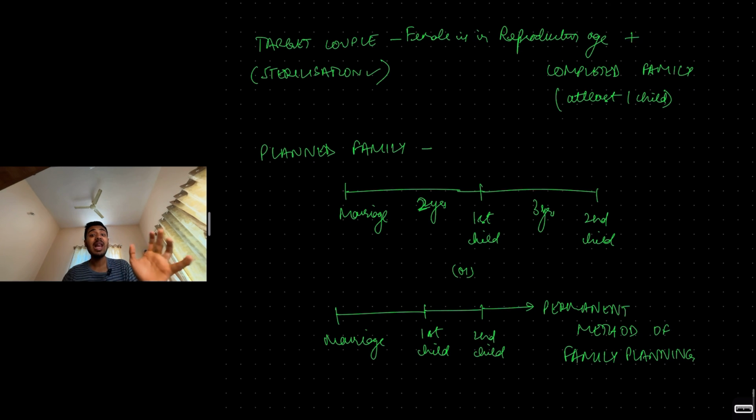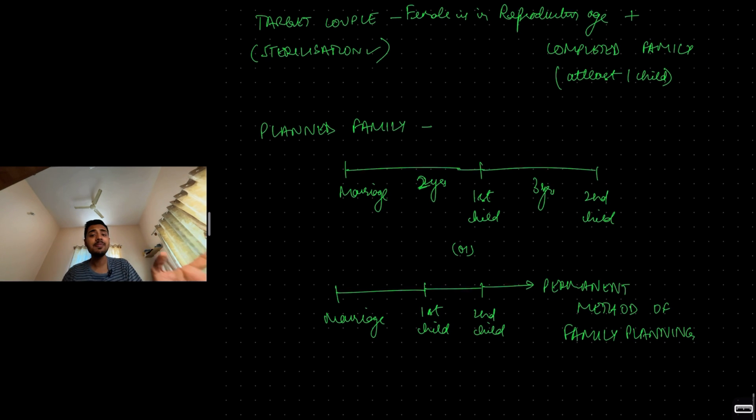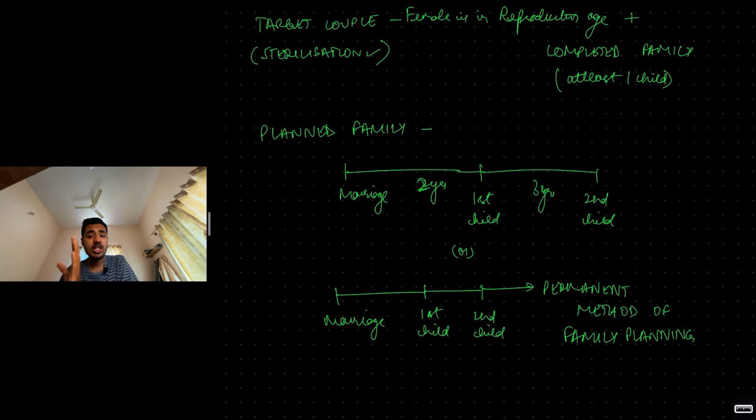Planned family. What is a planned family? When the first child is 2 years after marriage, and the second child is 3 years after the first child. So when you space the children: marriage, then 2 years, then first child, then 3 years, then second child.